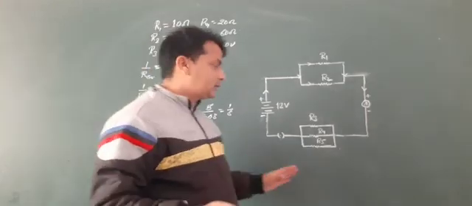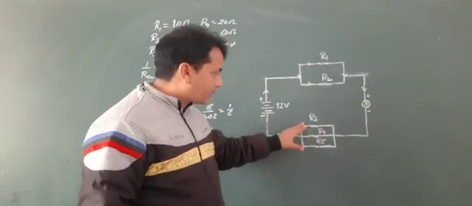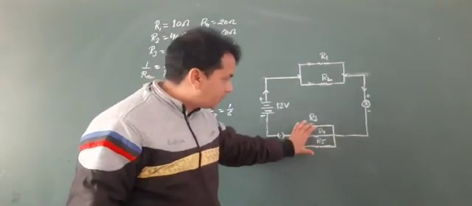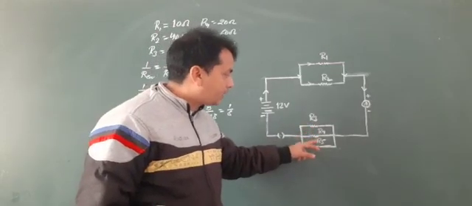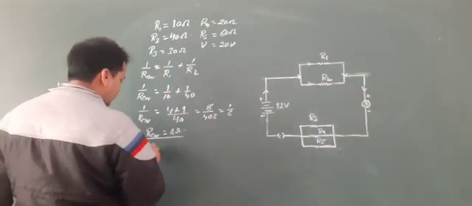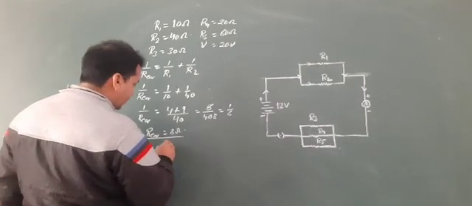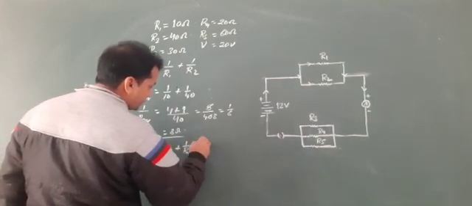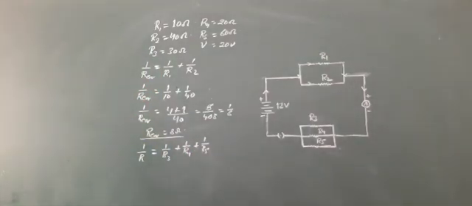Now the next resistors used in this circuit are R3, R4 and R5. So R3, R4 and R5 are connected in parallel combination. So here is the effective or equivalent resistance of R3, R4 and R5. So the equivalent resistance 1 by R equals 1 by R3 plus 1 by R4 plus 1 by R5.